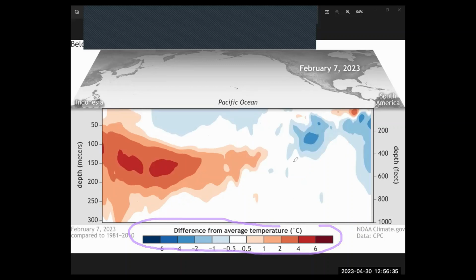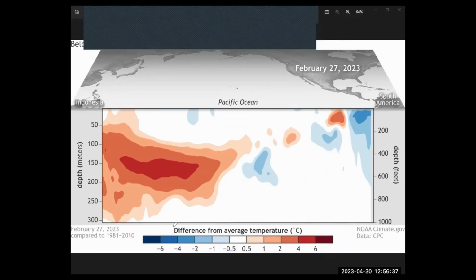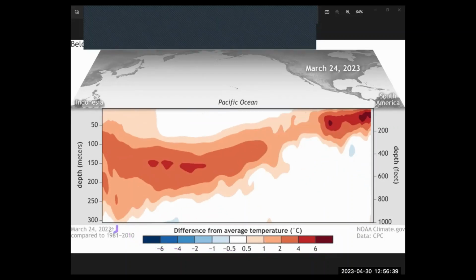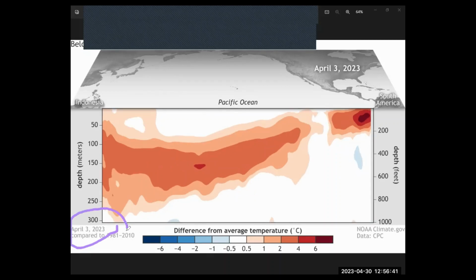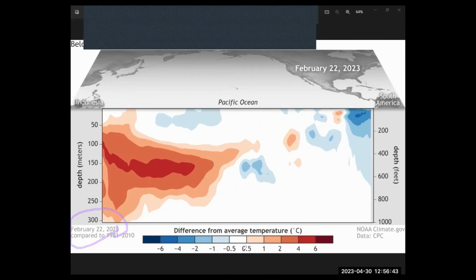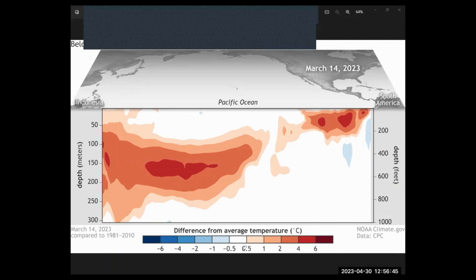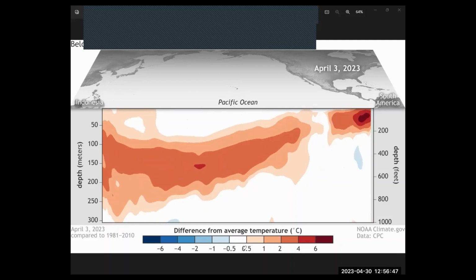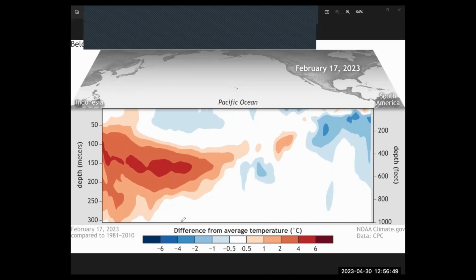The time is on the left-hand side, with dates going from February all the way to April of this year, 2023.